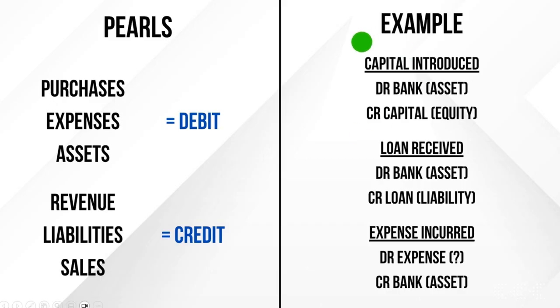So I have some examples to the right here. Capital introduced, so money put into the business by its owners. Let's say it's $10,000, pounds or euros. 10,000 is put into the business. The bank will be debited, so the 10,000 goes into the bank. That's an asset account. It's cash that the business owns. The bank account on that balance sheet will increase by 10,000.